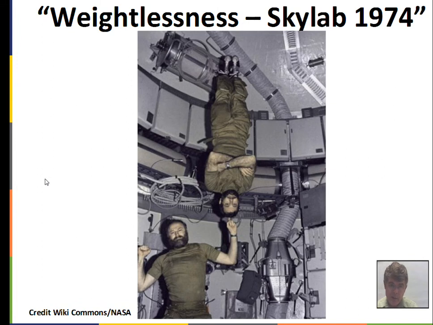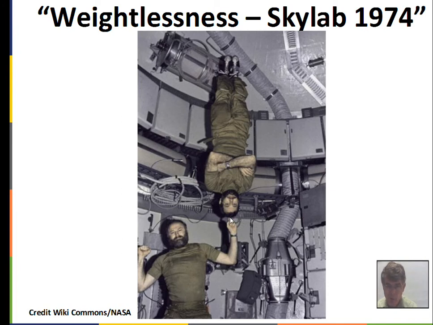In space, astronauts are not weightless. Weight equals m times g. Gravity goes out beyond the Earth's atmosphere. There is a weight, but the situation is that the spacecraft is always falling towards the Earth. This astronaut is falling towards the Earth. This astronaut is falling towards the Earth. So there's no contact force required.